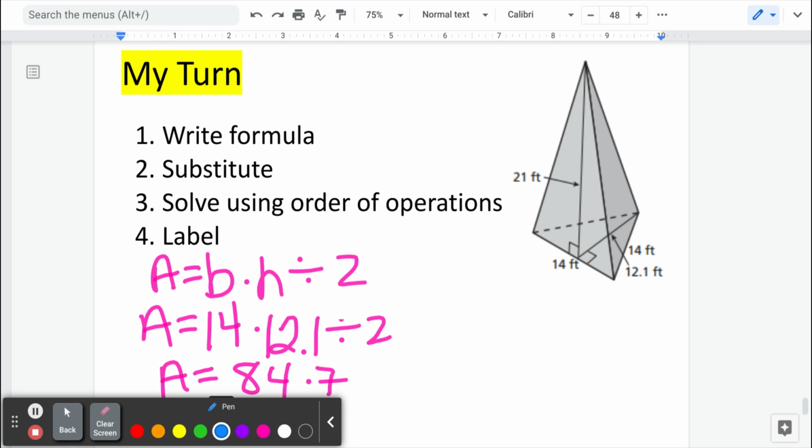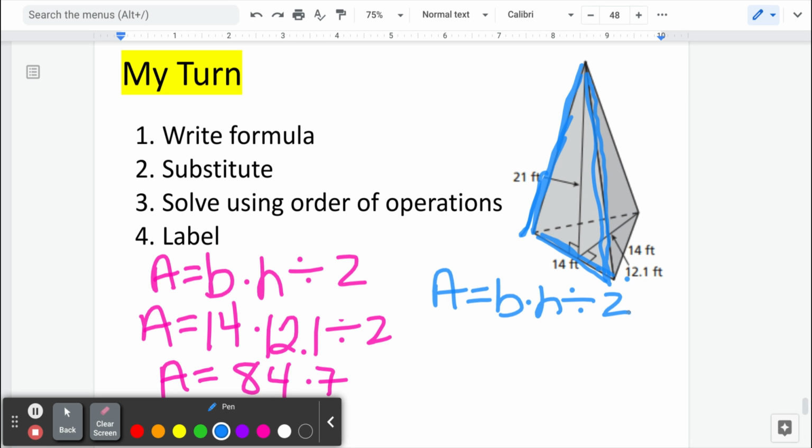Now I'm going to look at our side triangles. I'm going to start with this front one, okay, because remember that all of them are the same, so really we just take our answer and times it by however many side triangles there are. So my formula for a triangle we know is base times height divided by 2. That hasn't changed. The base of this triangle is 14.